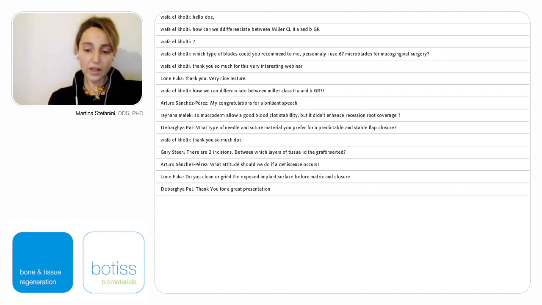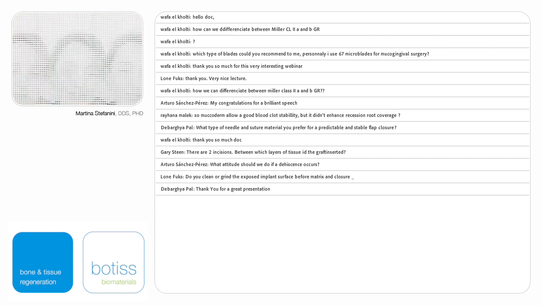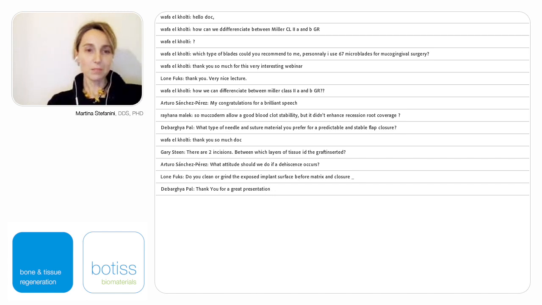While if there is some contamination, I use a titanium microbrush in order to very well clean the surface of the threads that were exposed to the oral cavity. But the treatment of soft tissue dehiscence around the implant is another very big and complex topic that will need at least 3 hours of webinar in order to tell you which is my treatment plan in these cases.